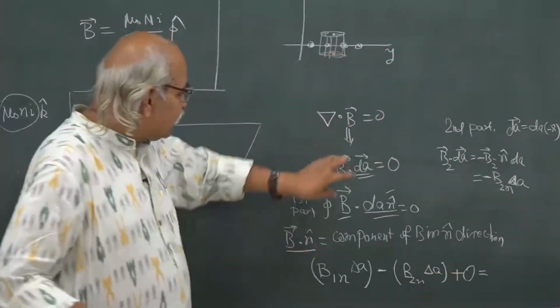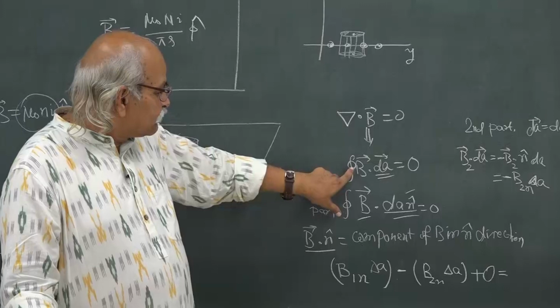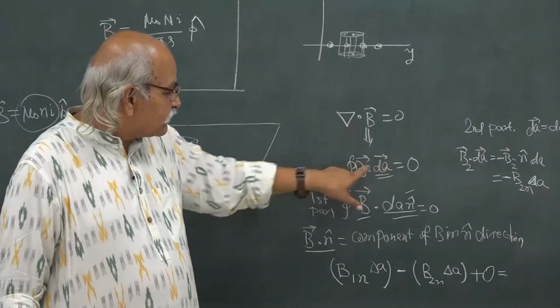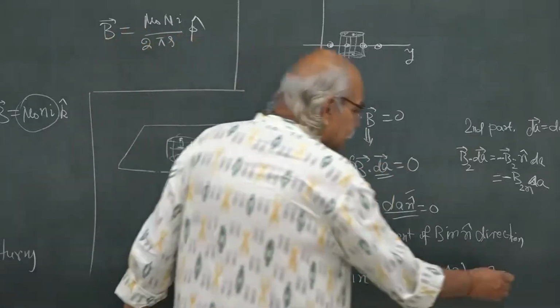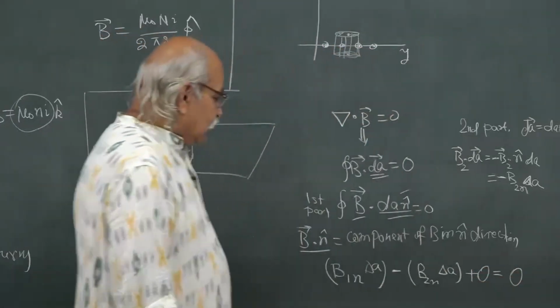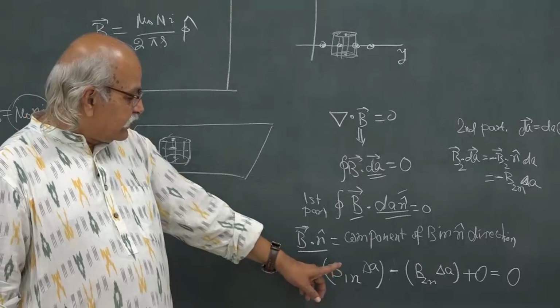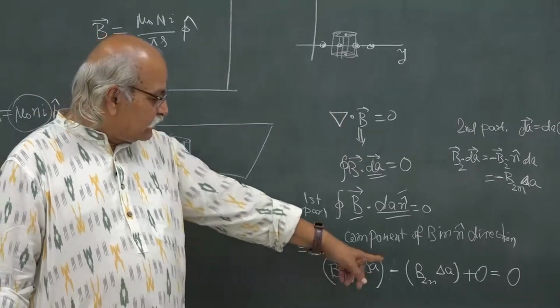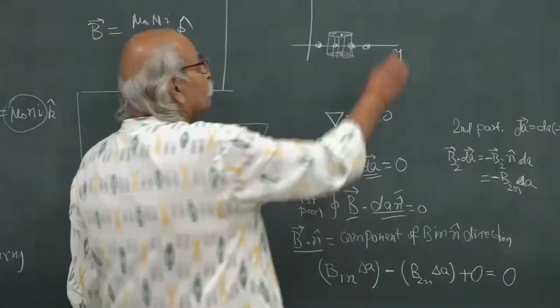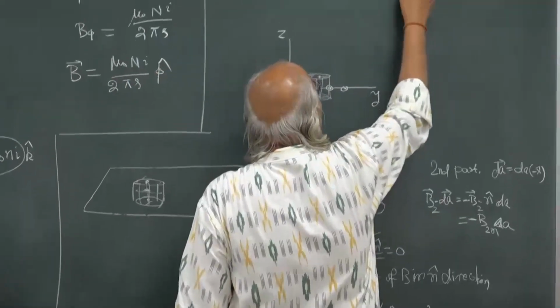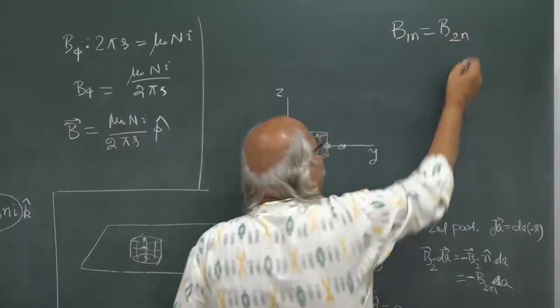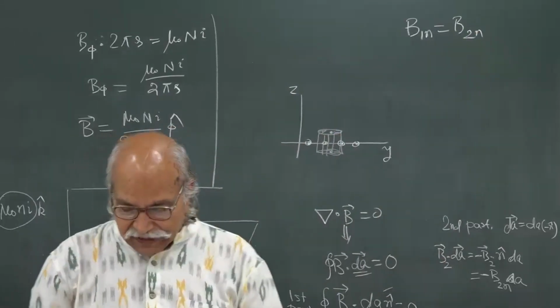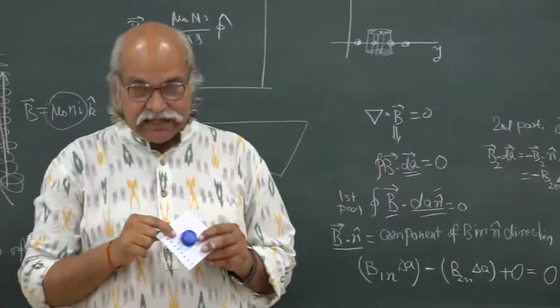So, we have calculated this closed surface integration here, and that is this much, and the right hand side is 0. So, what does this tell? It tells B 1 n is equal to B 2 n, independent of the current.